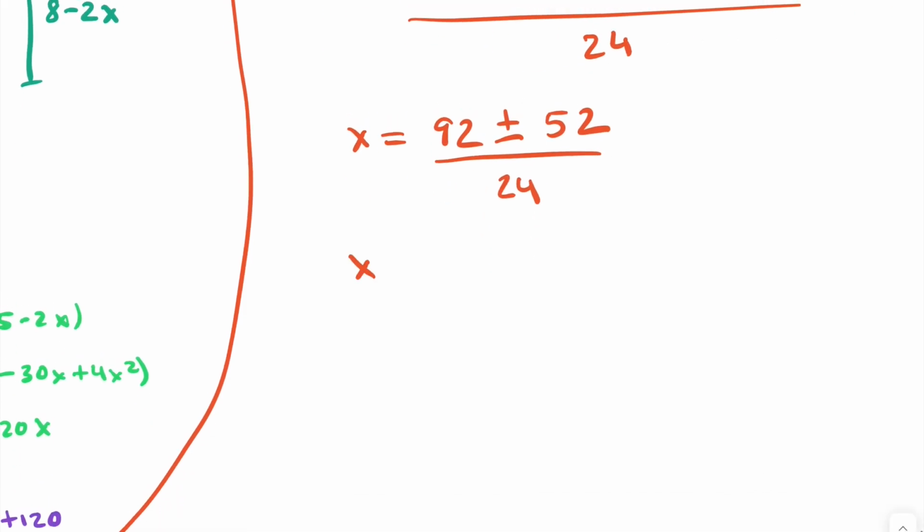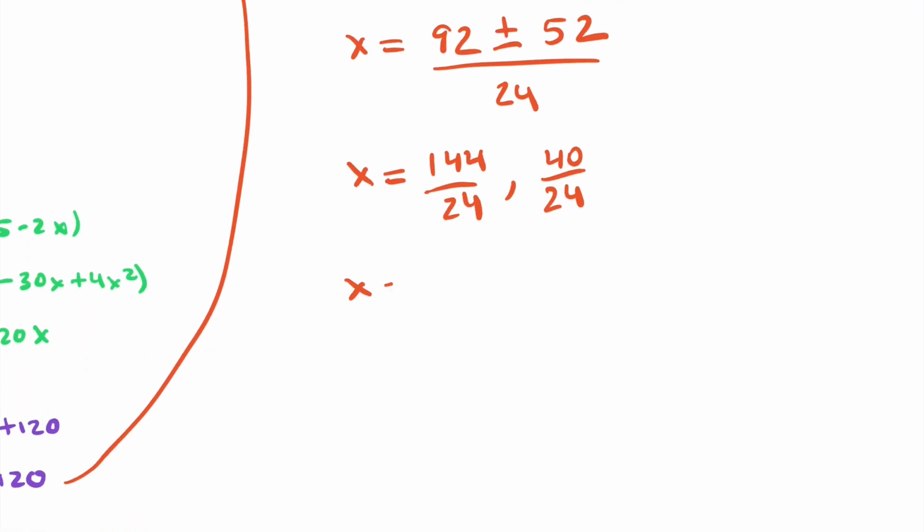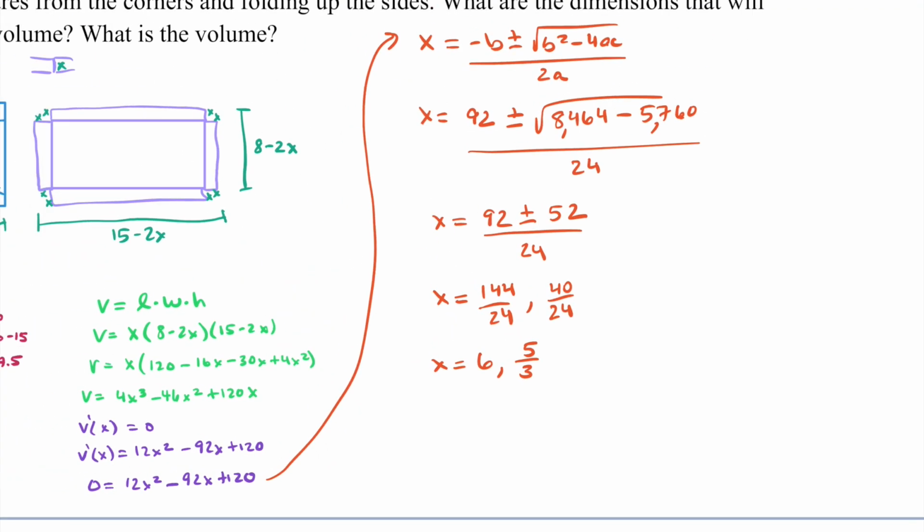So x equals 144 over 24, and 40 over 24. Absolutely, that was factorable. If it was over 12, it would be 12. It's over double that, so I'm getting 6. Divided by 8, 16, 24. Divided by 8 is 5, so I get 5/3. So I get 6 and 5/3.